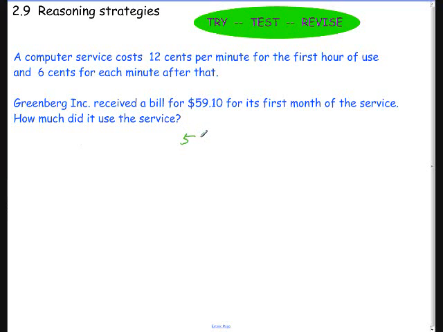Well, 59.10. Its first month of service, and it only pays 12 cents a minute for the first hour. So 12 times 60 minutes in the first hour. So $7.20 for the first hour of use.